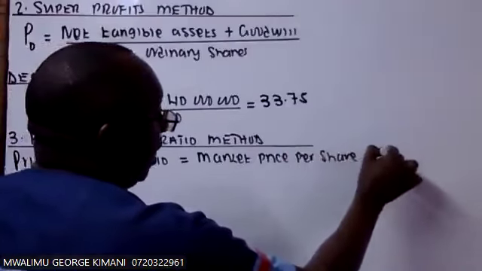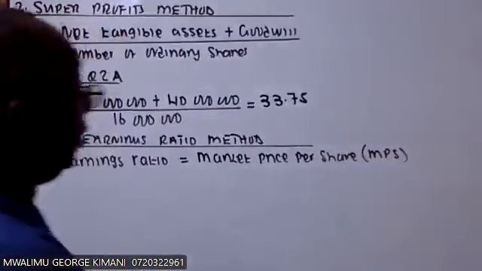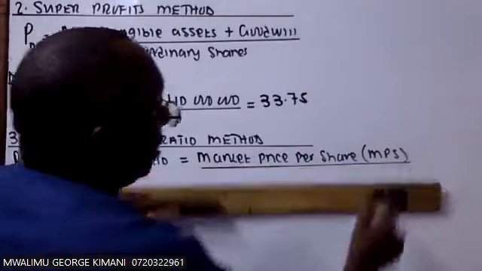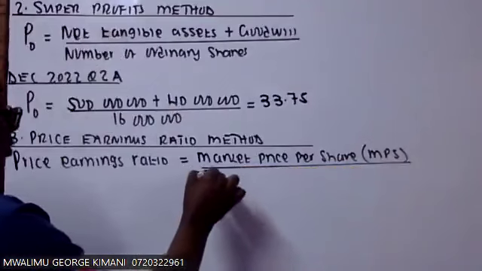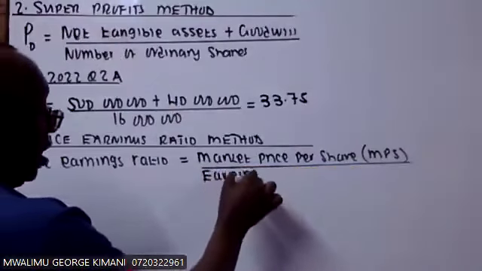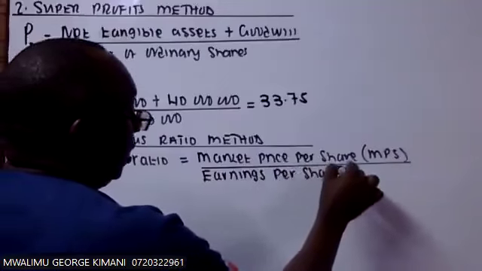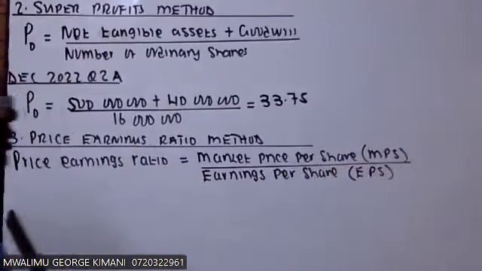This one is normally given as MPS, market price per share. You have your MPS. You divide by earnings per share, that is EPS.